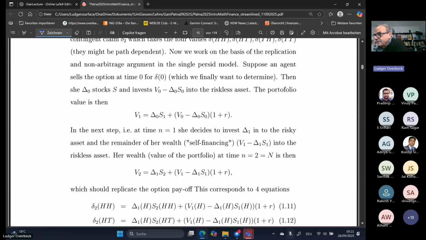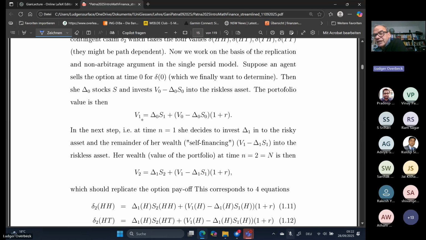Each time, at the next time step she also does an investment, which we call delta 1. But of course, the hedger can only invest the money she has. At time 1, the value of the hedge portfolio is V1.